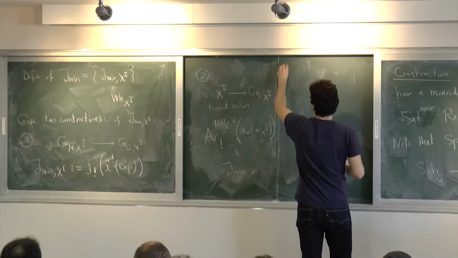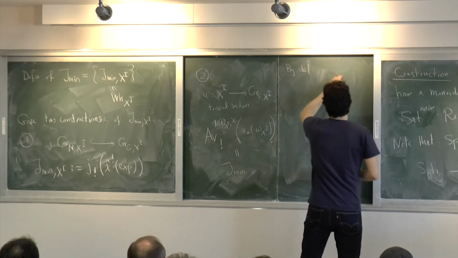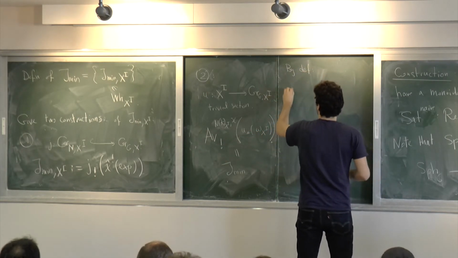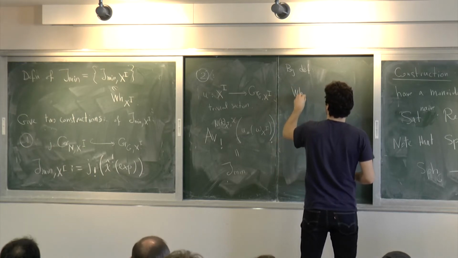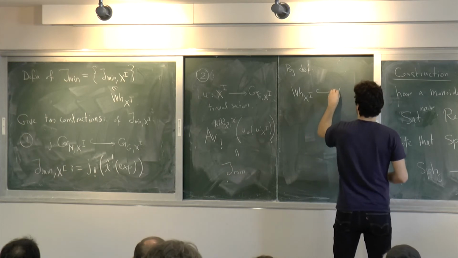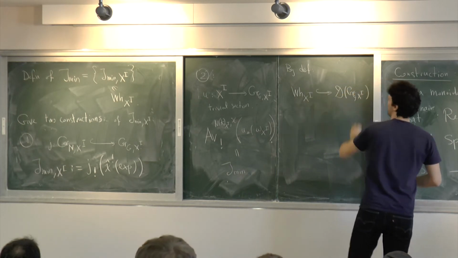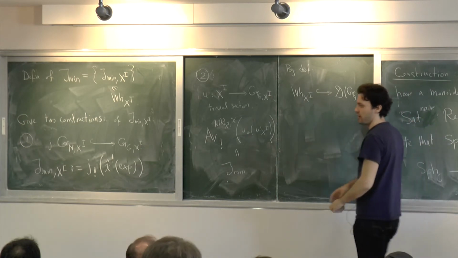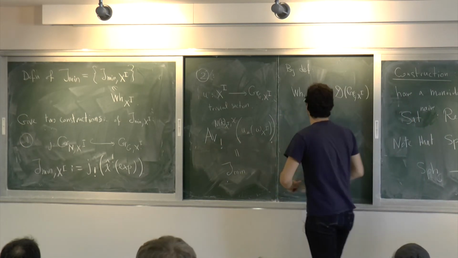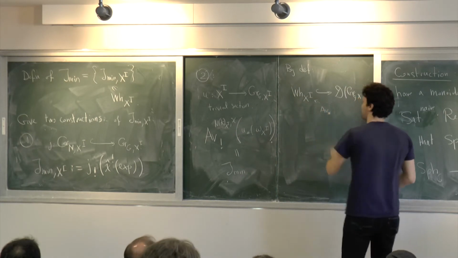And by definition, what is average shriek? Well, I have an oblivion functor from Whittaker over xi. It's a fully faithful oblivion functor to the D-modules on the Grassmannian. And as we defined the other days, I have average star, which is the right adjoint.